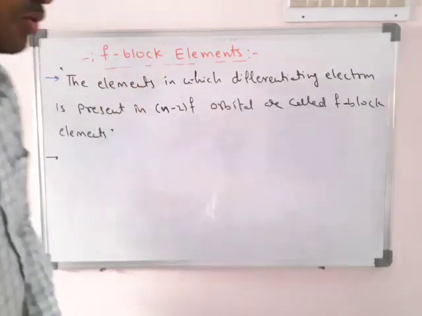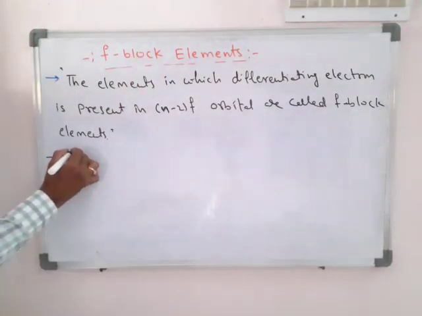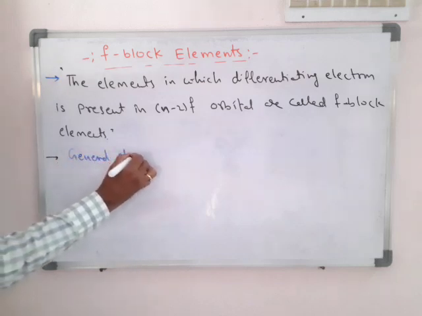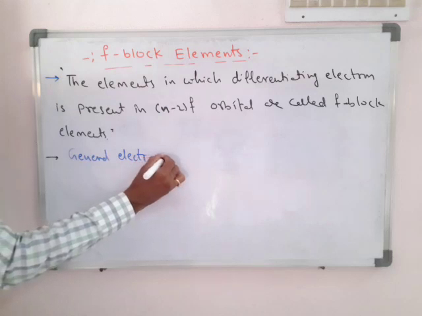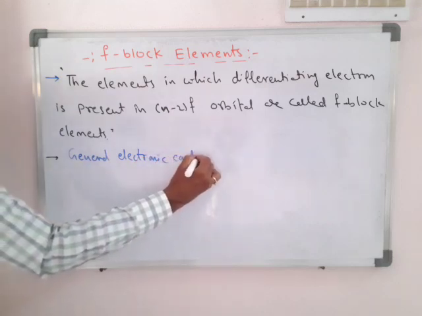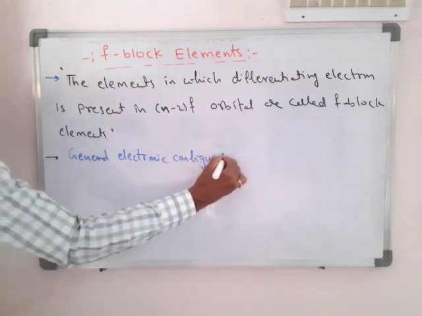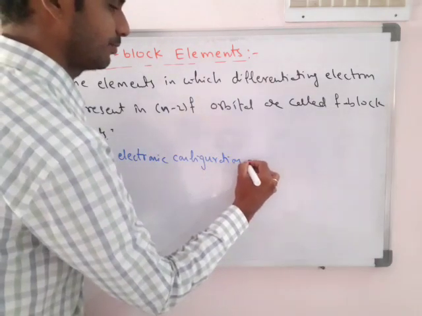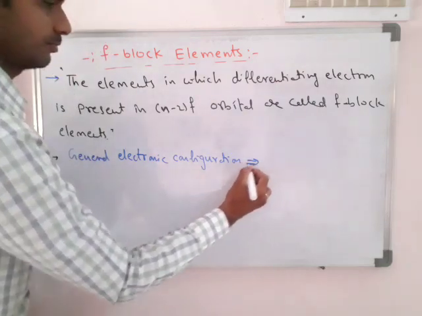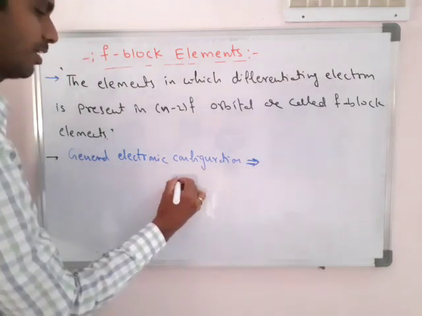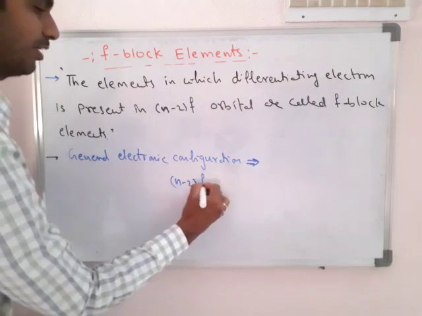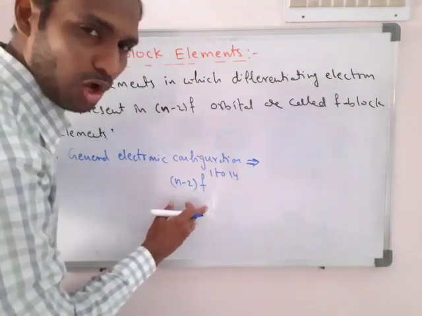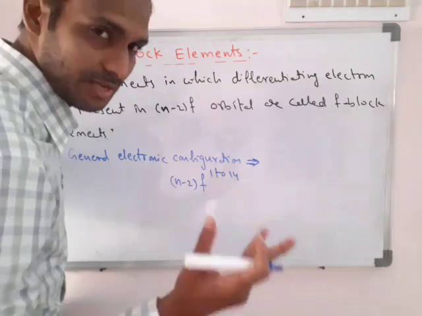So what is the general electronic configuration? It is n minus 2 f 1 to 14, because how many orbitals are there in the f subshell? 7 orbitals are there.